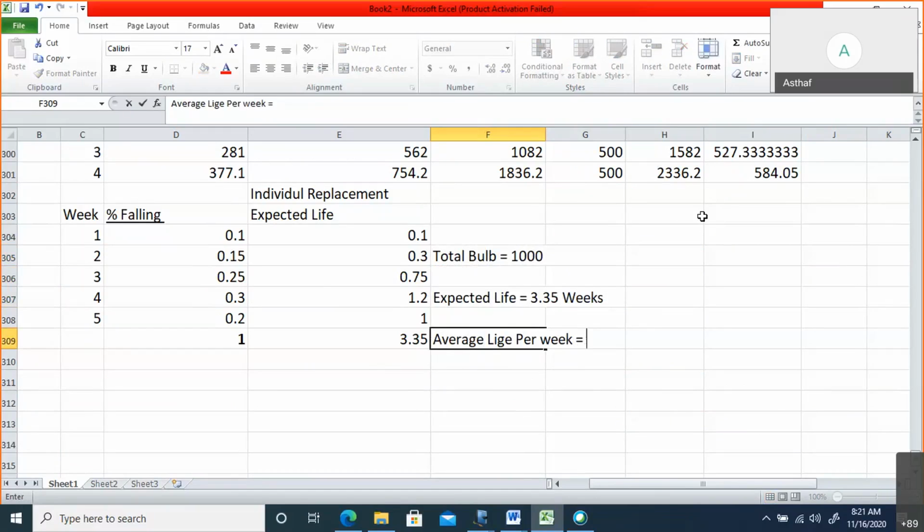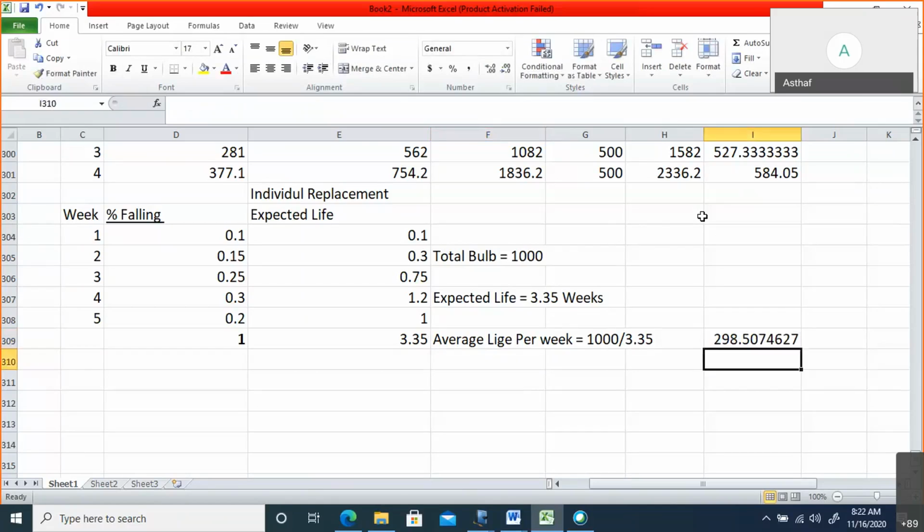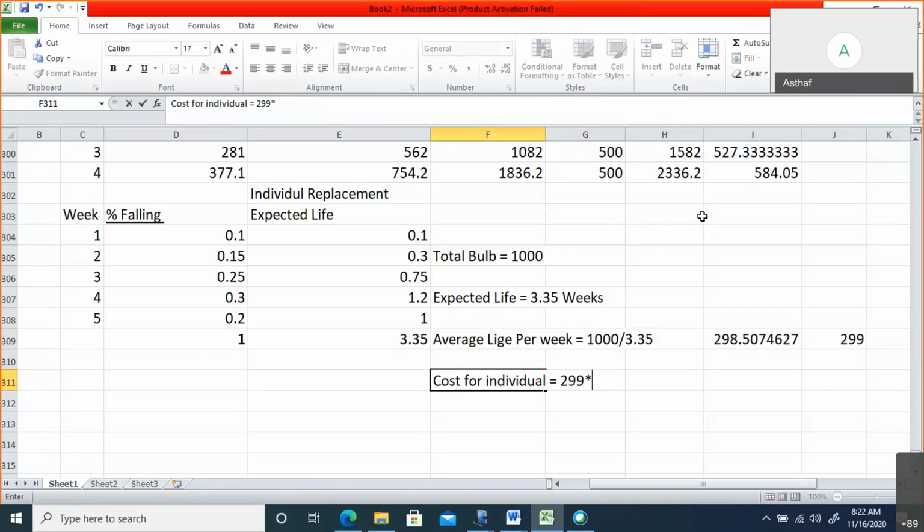Average life per week is equal to 1000 divided by 3.35, that is 298. So what is the cost for individual? Cost for individual will be, what will be the answer?